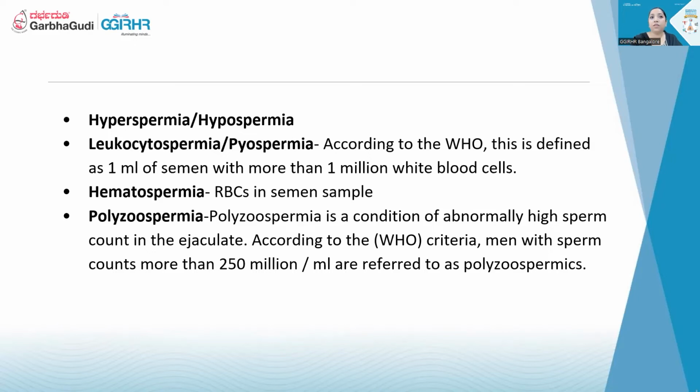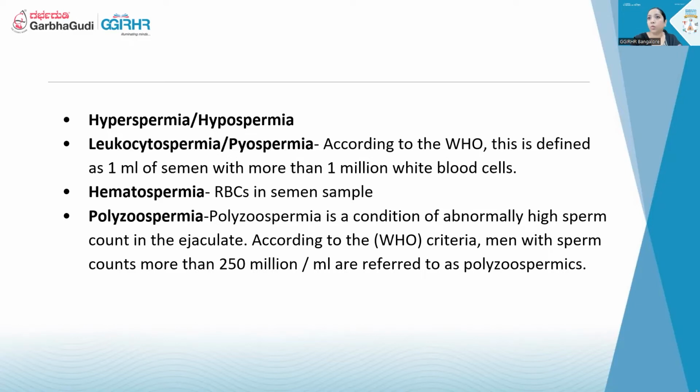And similarly, if RBCs are seen in the sample, it is termed as hematospermia. Even the color of such samples would be slightly reddish, and when seen microscopically there should be a few RBCs. So then you can term it as hematospermia.